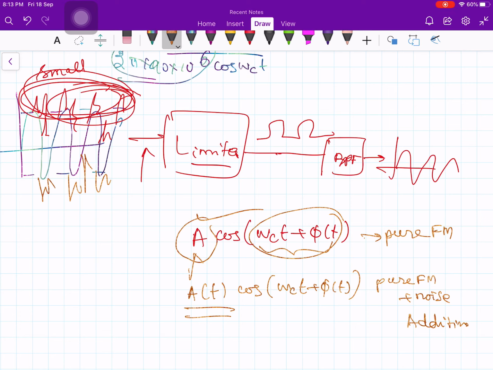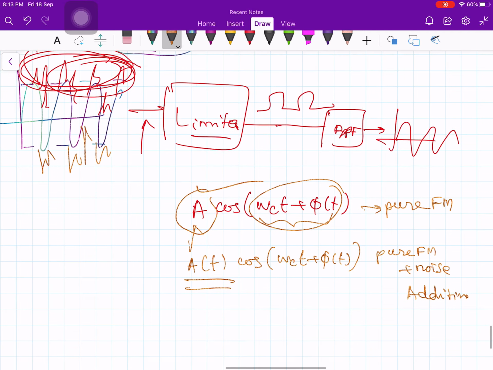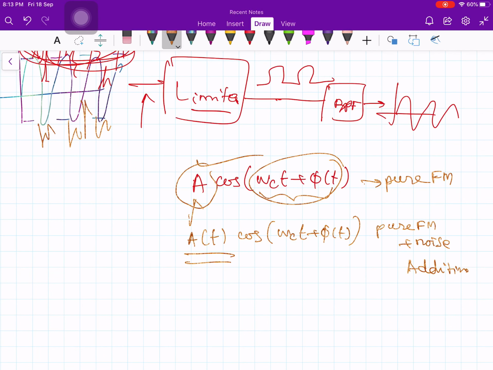So that is something that you must appreciate. Even the balanced discriminator, whether it is balanced or unbalanced, it doesn't matter. The kind of discriminator that we have discussed till now is sensitive to these amplitude variations.